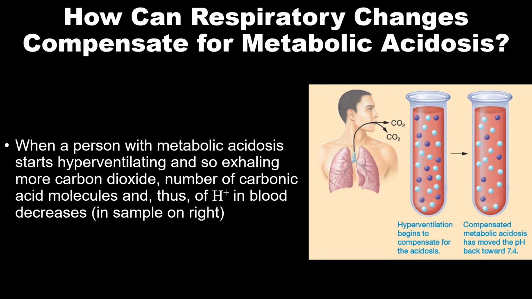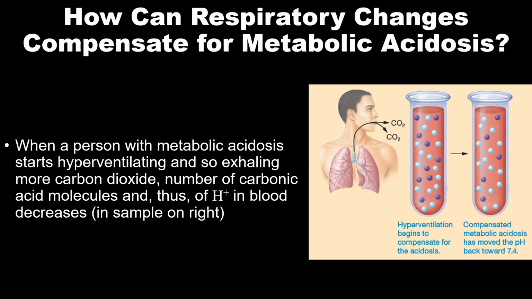The condition that caused this acidosis has not been resolved, as shown by the fact that there are still a large number of metabolic hydrogen ions. But the number of hydrogen ions has gone down thanks to this respiratory compensation. These diagrams are super simplified and the pH values aren't really realistic, but the basic principle still stands.